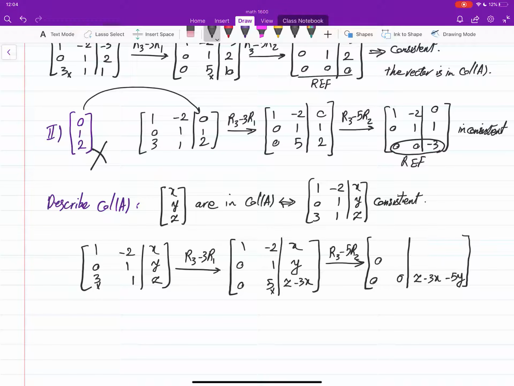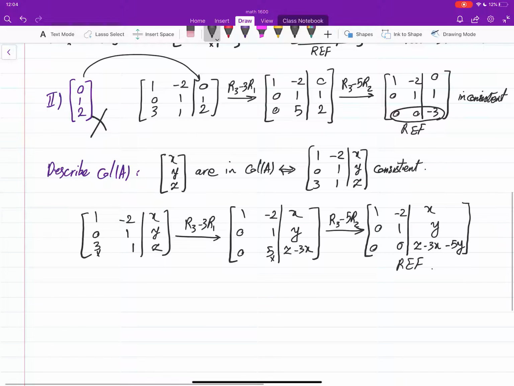And this will give us 0, 1, y, 1, and negative 2x. As you can see, this is a row echelon form. And to be consistent, the system has to make sure that the row which is 0 on the left hand side must be 0 on the right hand side.